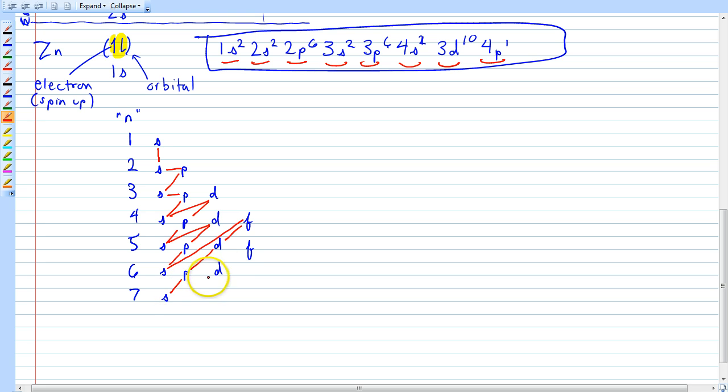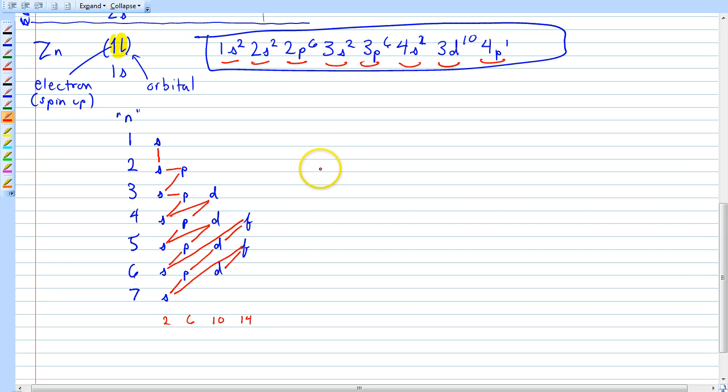And then from the 7s I'm going to go up to the 5f and then the 6d. Now all you have to remember is that the s can hold 2 electrons, the p can hold 6, the d holds 10, and the f is going to hold 14. And using this you can come up with any electron configuration in the periodic table.